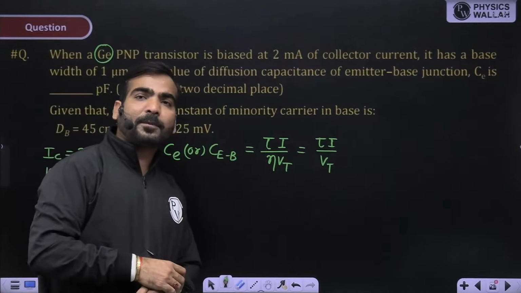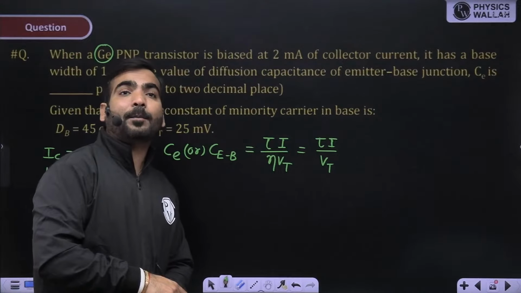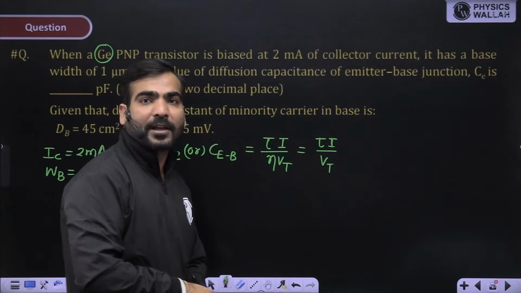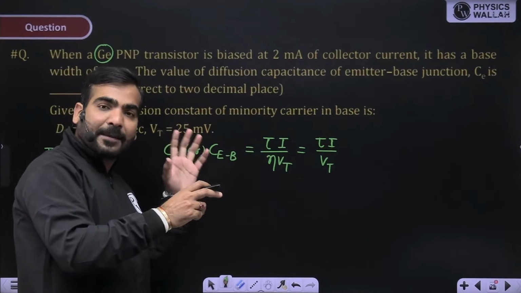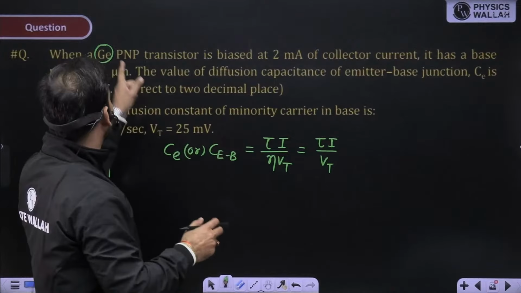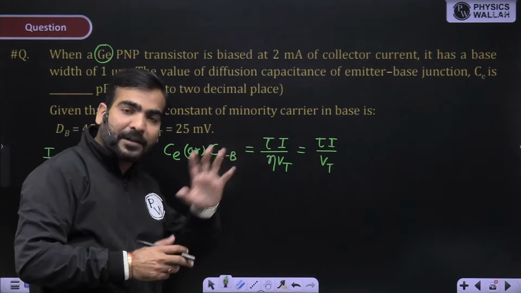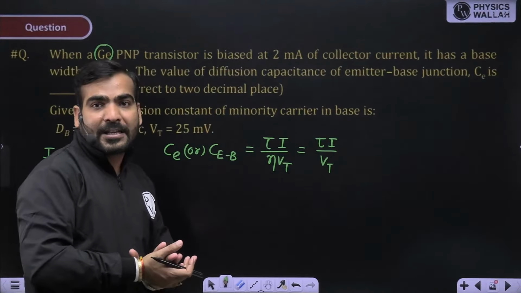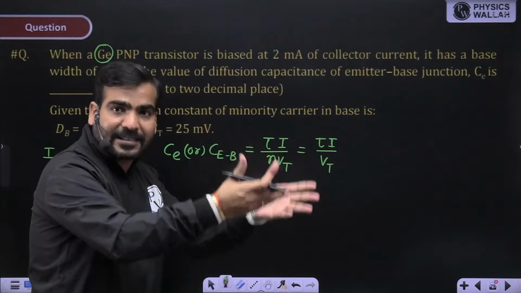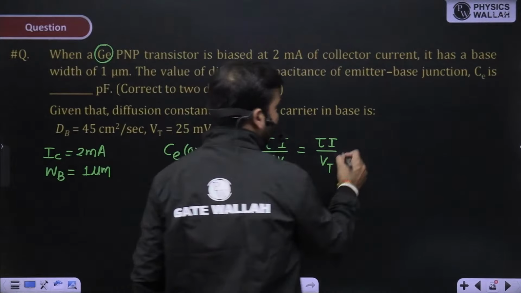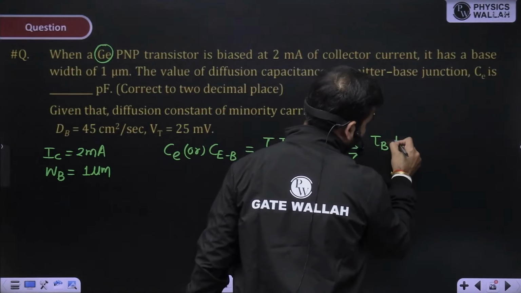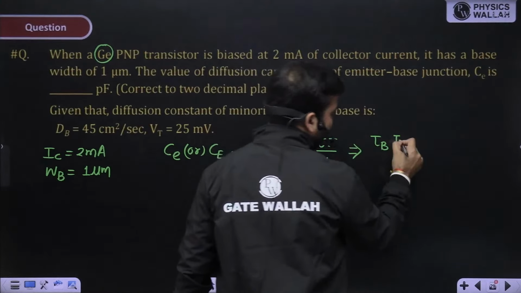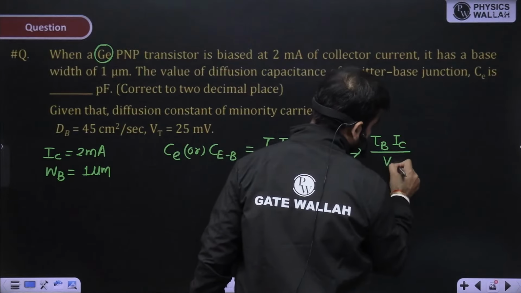What is the meaning of tau? Tau means lifetime of minority carrier in the base. Because in the BJT, base is lightly doped, emitter is heavily doped. If it is a PNP transistor, P-type emitter is heavily doped, N-type base is lightly doped. So lifetime of holes in the base region is important. Or we can say for the BJT, you can write this equation as tau B, lifetime of minority carrier in the base, into collector current IC upon thermal voltage.